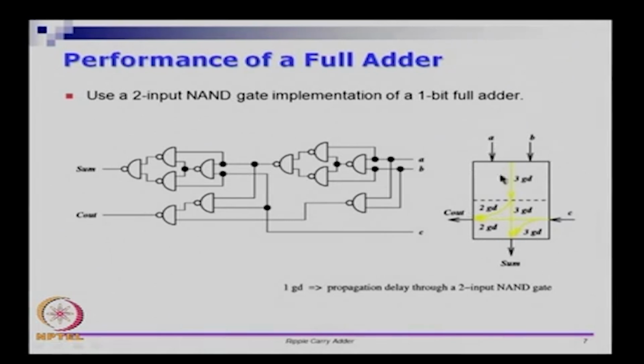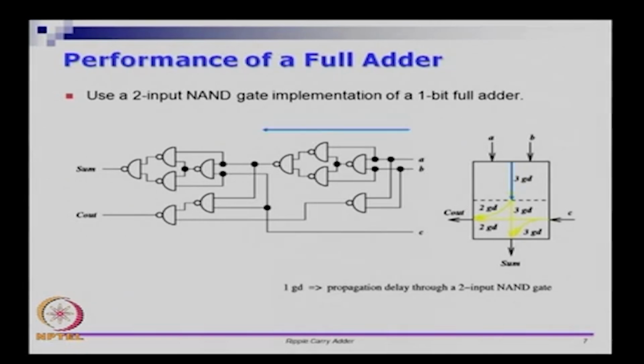This is supposed to be a full adder. It takes 2 bits A and B, it takes a bit C, it gives sum, and it gives carry out. I have drawn this dashed line here. The top of this is the first half adder, and below that is the other half adder. So, let us see how this whole thing works.